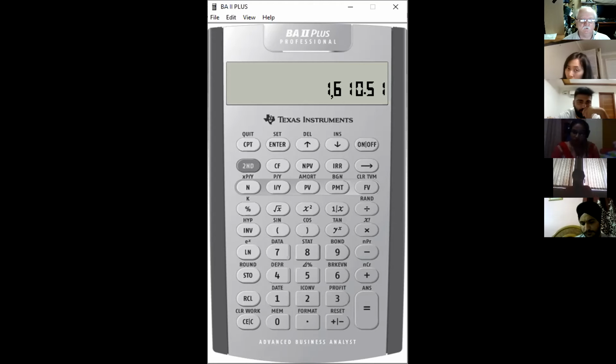So that's how you're going to do the to the power with this y to the x. We'll do more with this button in the next chapter because they talk about exponents in chapter 2. But we're going to have to use that now.